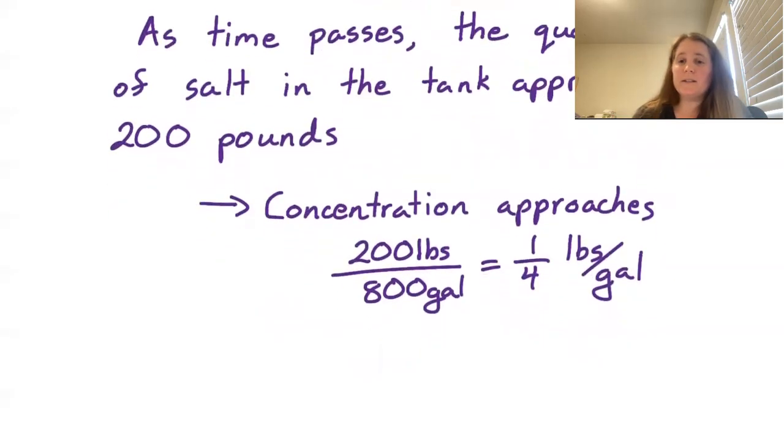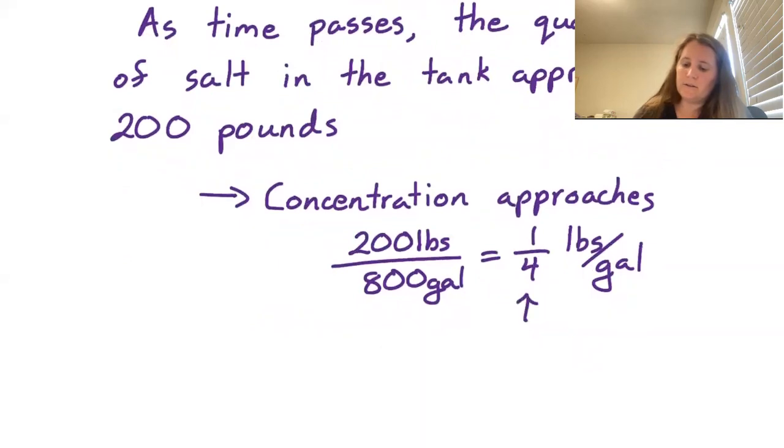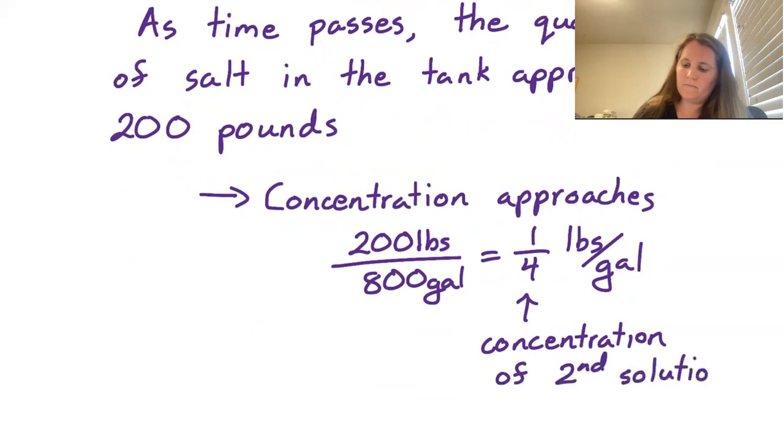And that was precisely the concentration of our second solution. So that is solving a mixing problem when we have constant volume.